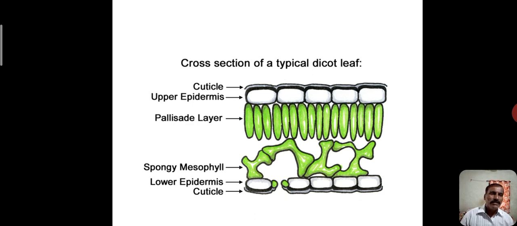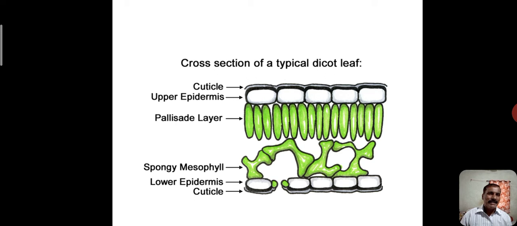The upper and lower epidermis is cuticularized. That means there is the presence of the cuticle. Now, in between these two, the upper and lower epidermis, there are palisade and spongy layers, where they are distinctly separated, as the palisade cells are elongated in shape and the spongy cells are irregular or globular in shape.